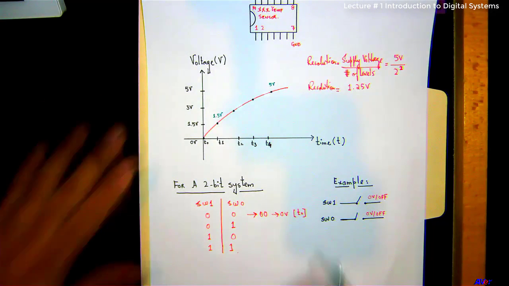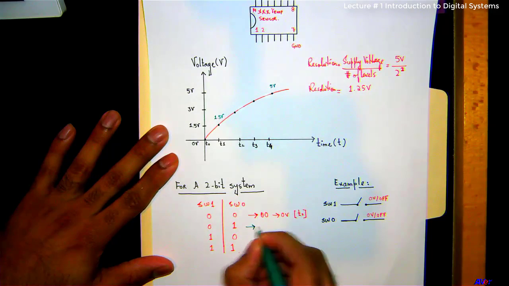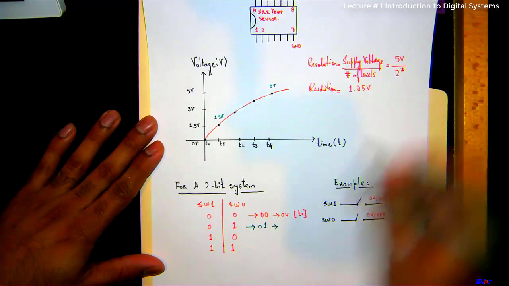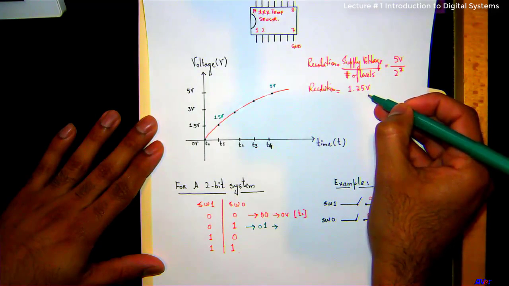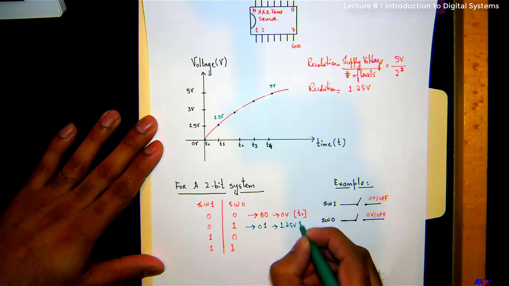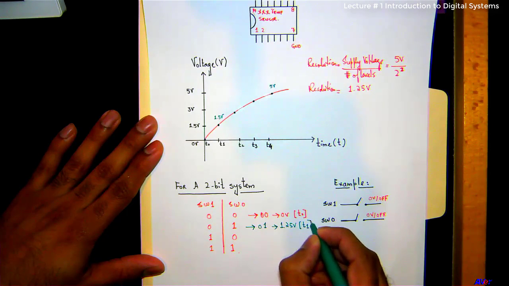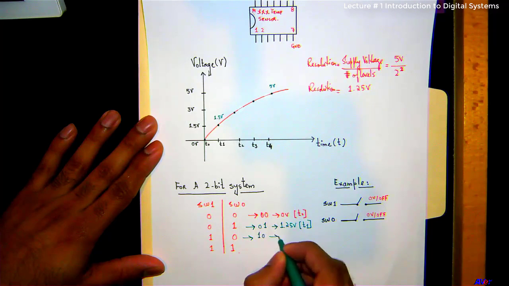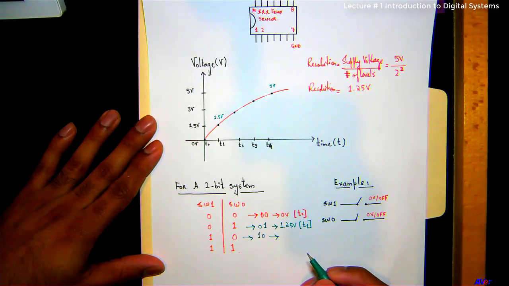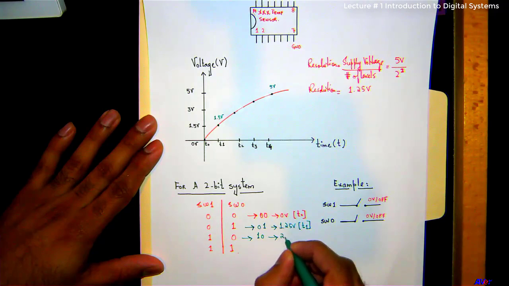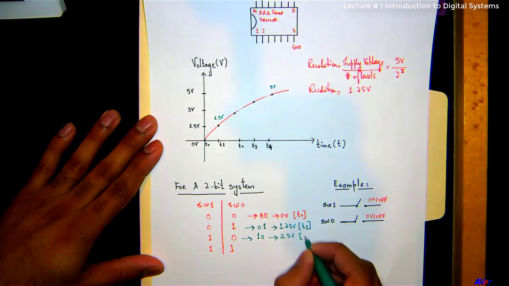Okay, what does the next level tell you? It jumps from 0 to 1.25 volt this time, right? And this corresponds to the voltage at T1. Okay, 10 corresponds to a voltage of 1.25 plus 1.25, which would be 2.5, correct? 2.5 volt, and that's the voltage at T2.